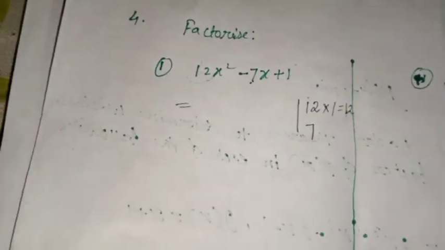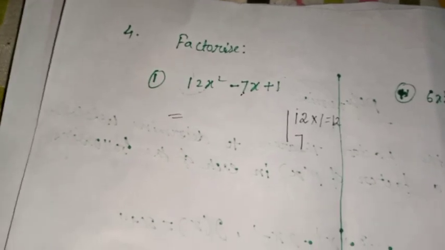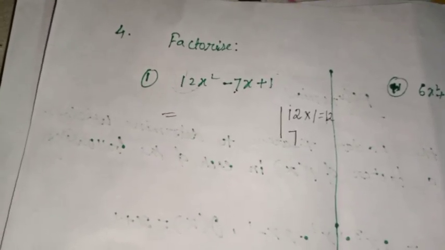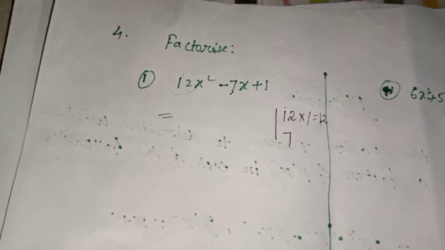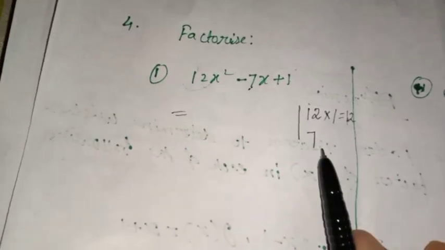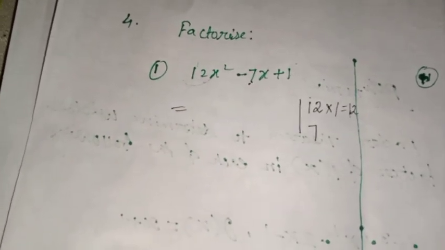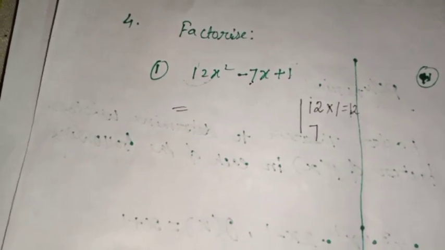Now you have to think of two numbers which when you add or subtract you will get 7, and when you multiply those two numbers you get 12. Try to understand.